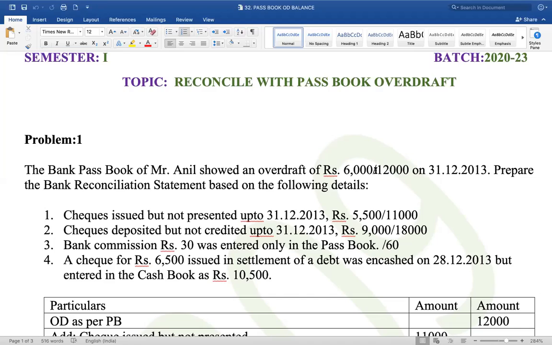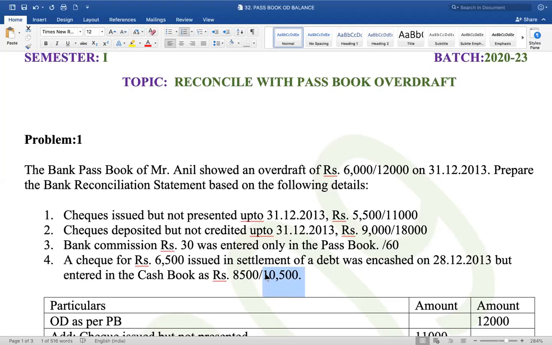I will take the figures after the slash oblique: 12,000, 11,000, 18,000, 60 rupees, and 8,500 slash 10,500, so I'll take 10,500. These are the figures I'll be using for showing you how to reconcile the passbook overdraft balance with the cash book balance.